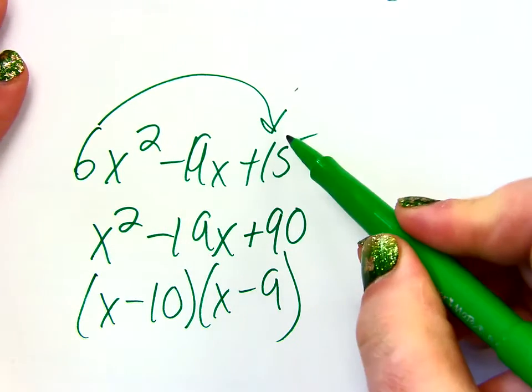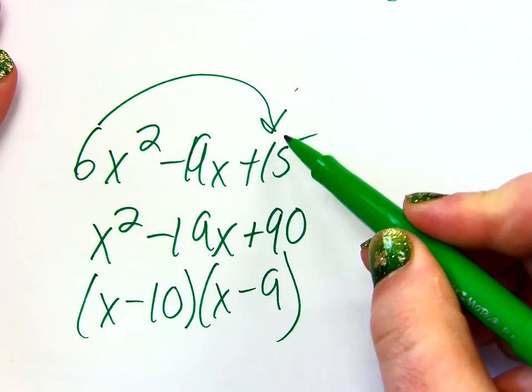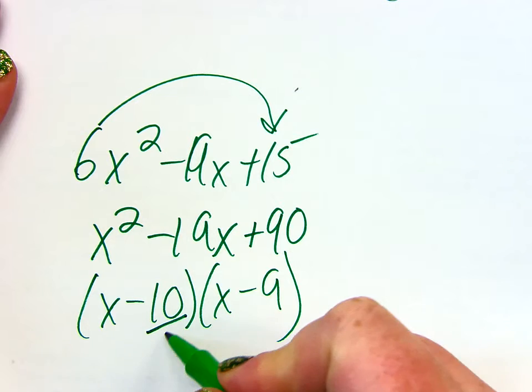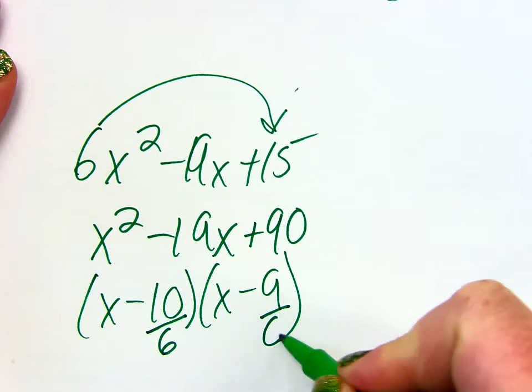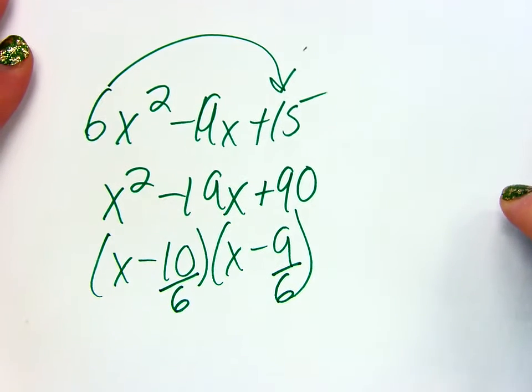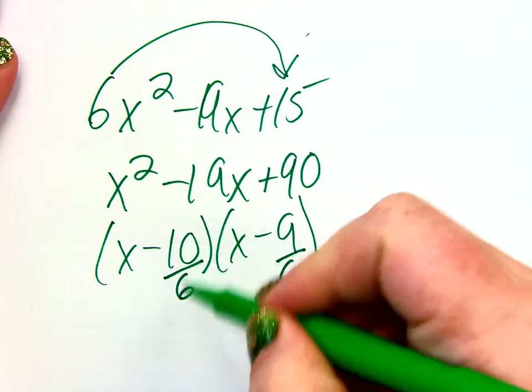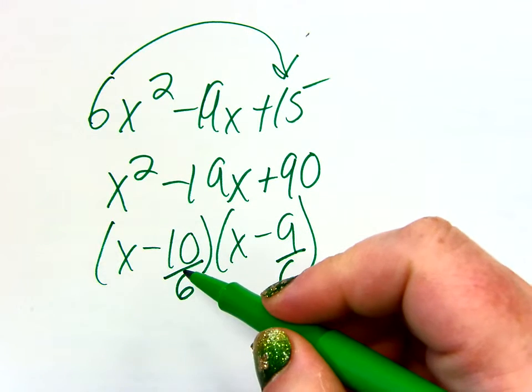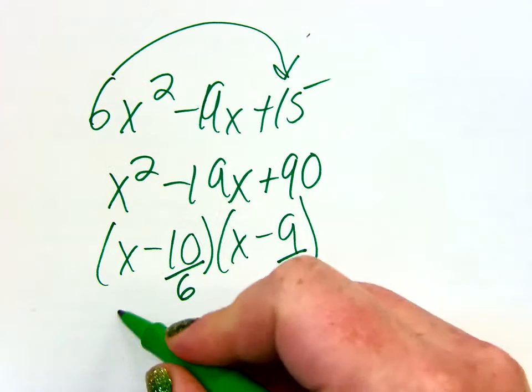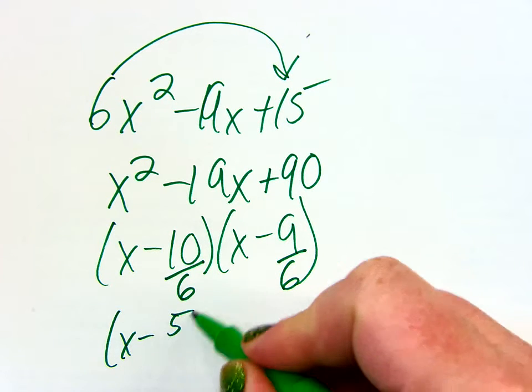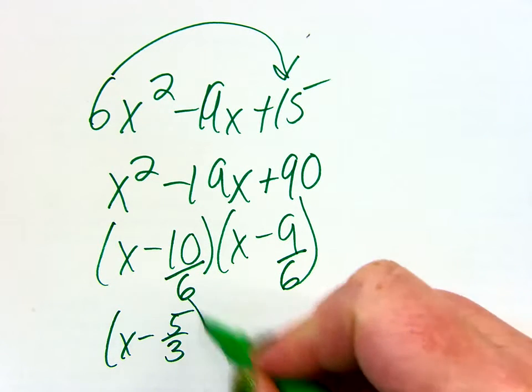When you multiplied by 6 here, you now need to come in and divide both of these by 6. Okay? And now watch this. So let's simplify this fraction. That becomes what, 5/3? Right? If I reduce 10/6, I get 5/3.